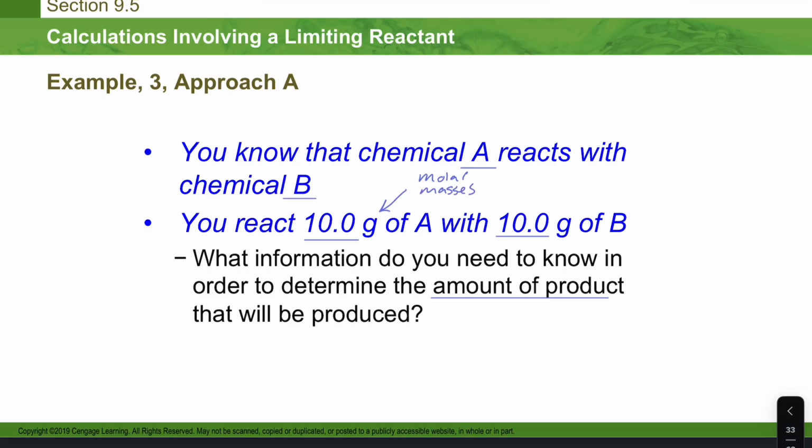And we also need to find out which is going to be our limiting reagent. And one of the ways that we'll find that out is to find out what ratio the reaction occurs in. So whatever ratio the reaction occurs in, that's what we would need to find out, which means we need to find out what the equation is.